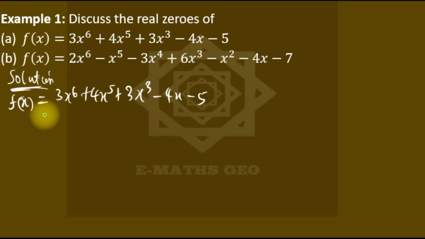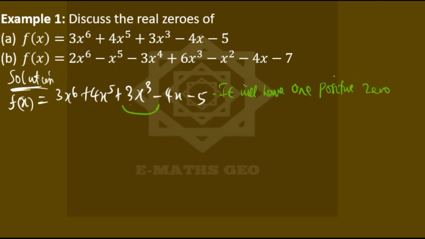There is a change of sign here, plus to minus. The number of positive zeros will be equal to the number of changes of sign, and we have only one change of sign here. So it will have 1 positive zero.